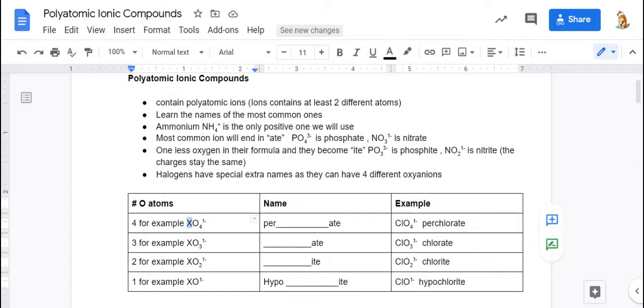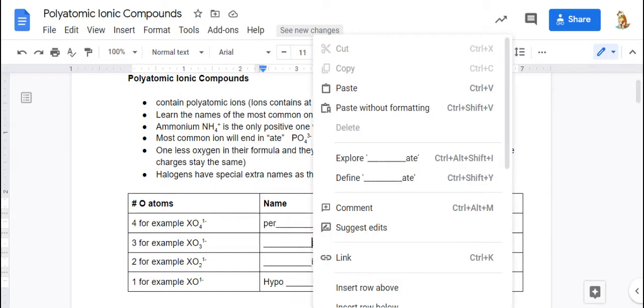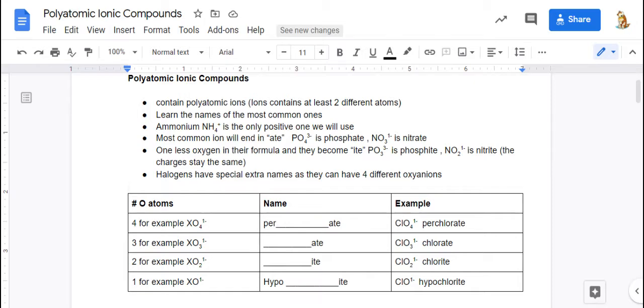So the most common formula for a halogen oxyanion is XO3 1 negative, and this ending becomes ATE. So if your halogen is chlorine, it becomes chlorate.